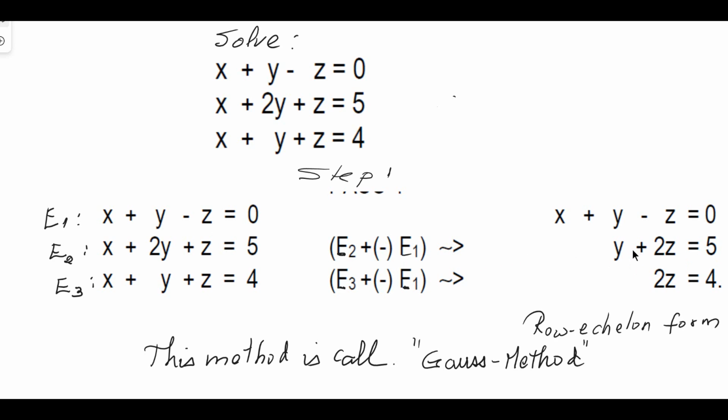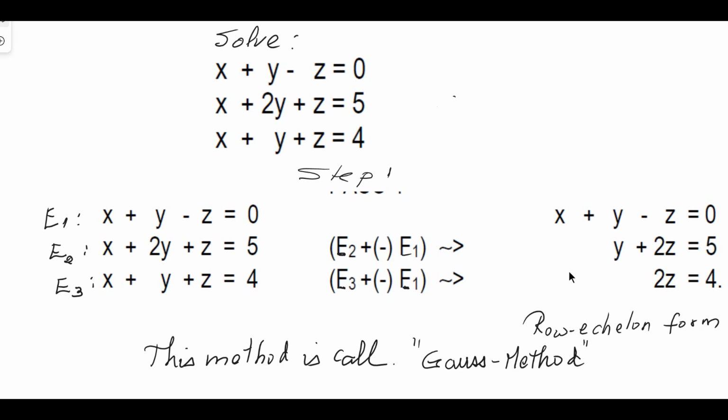And then you get a 0 here. And then to find a 0 here, subtracting again, you get the same answer. This is the third equation minus the first equation, and gives 0, 0, and 2c, and 4 minus 0, 4.